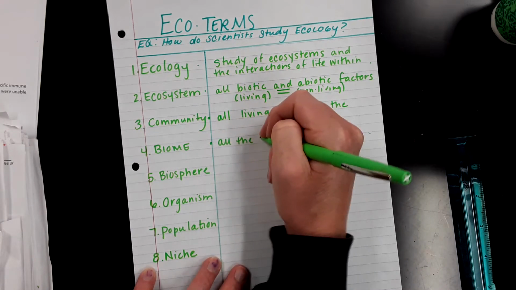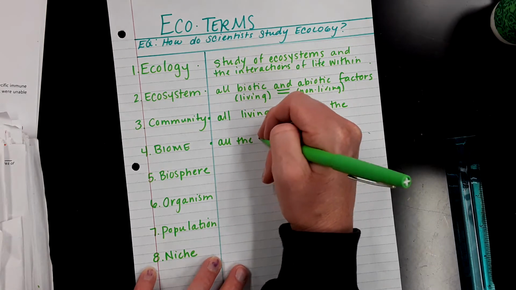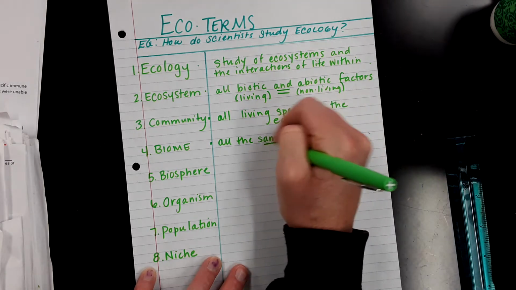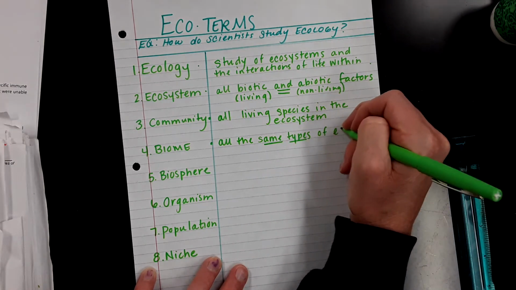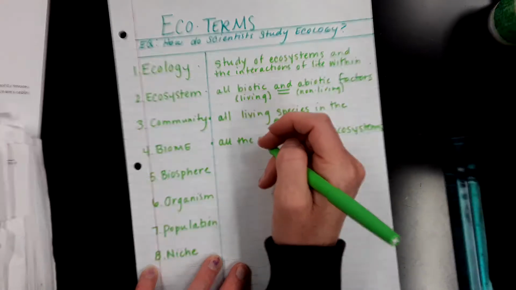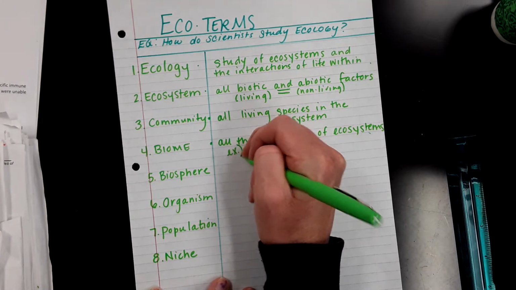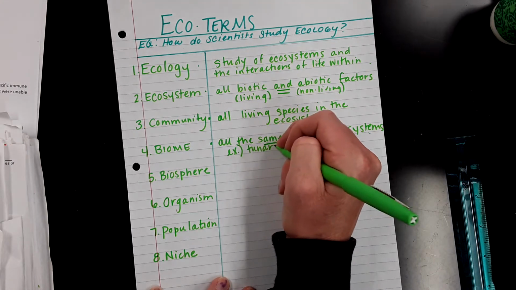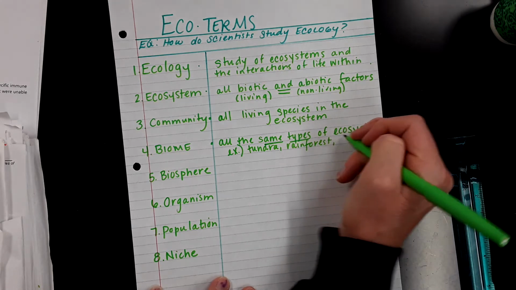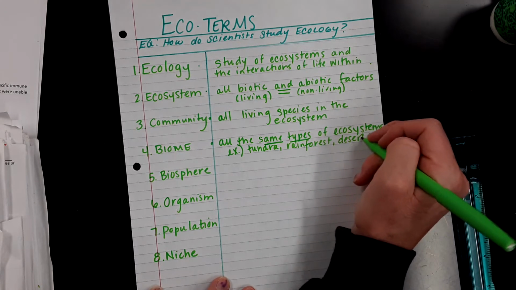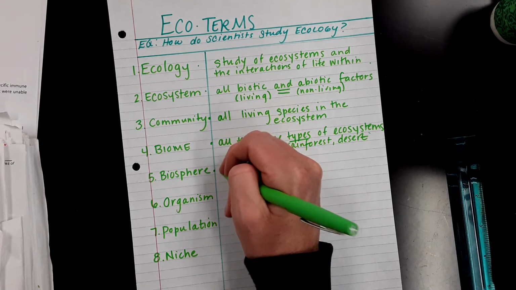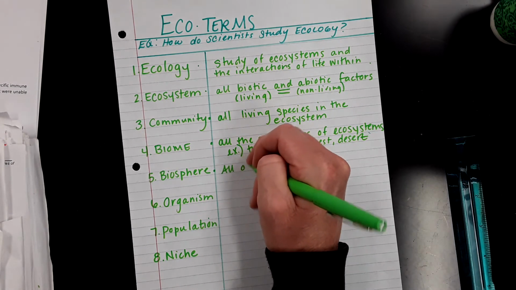So it unifies the similar types of ecosystems. If you have studied or done biome projects before, usually a biome is going to be something like a tundra, the rainforest, the desert ecosystem, a coral reef. The biosphere is all of Earth that supports life.